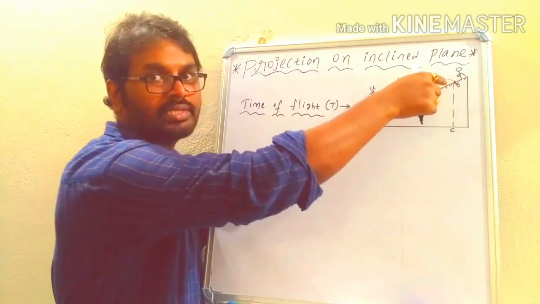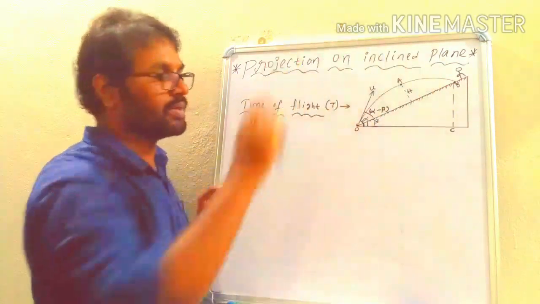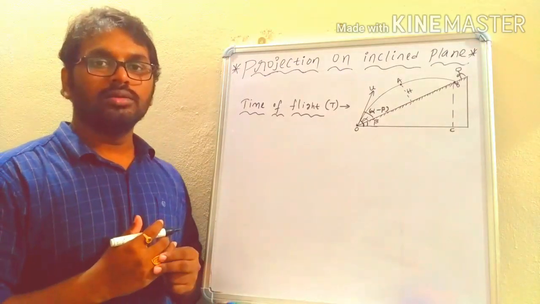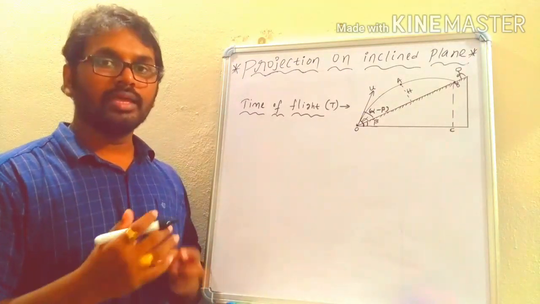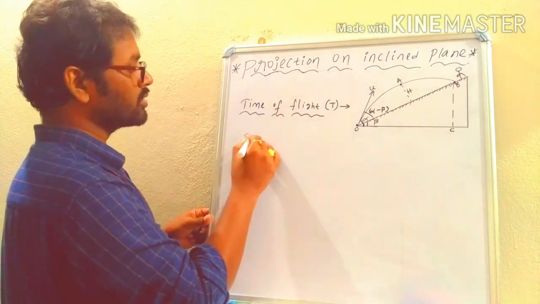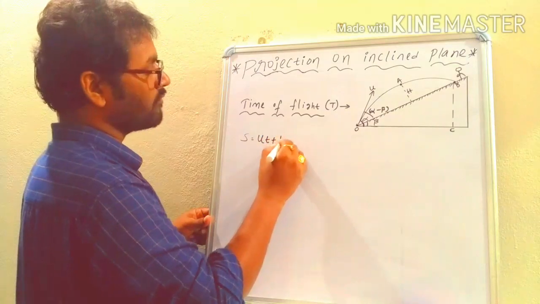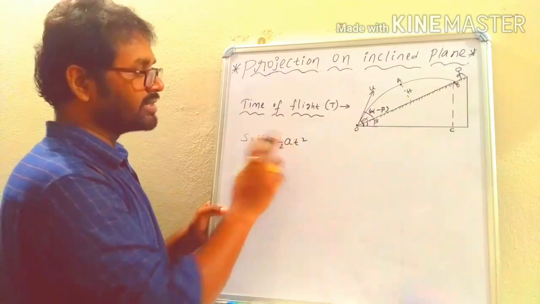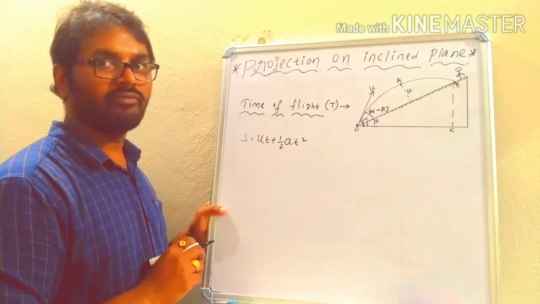Here the final point is the point B, which is on the incline. So how to get that? By using the equation S is equal to ut plus half at square in one particular direction, you will get the total time of flight.